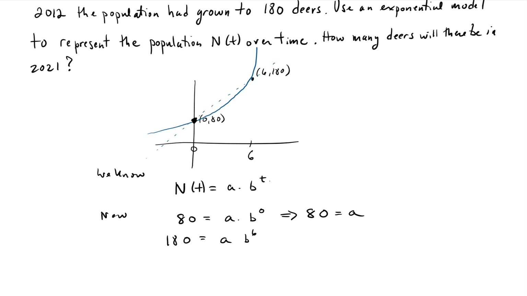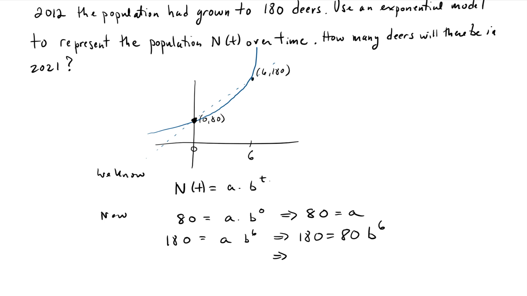And then 180 is a times b to the 6, so replacing a by 80 gives me an equation for only one variable, b.